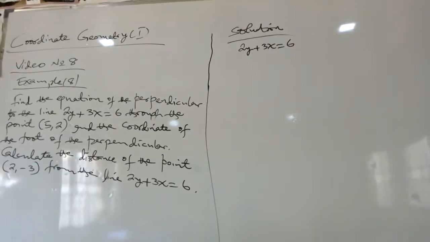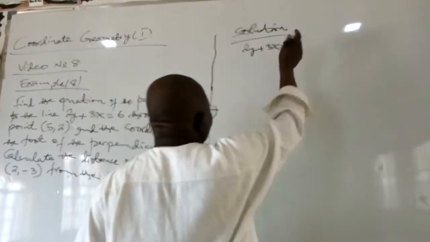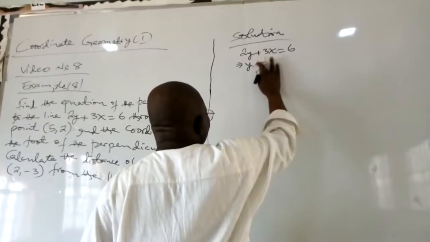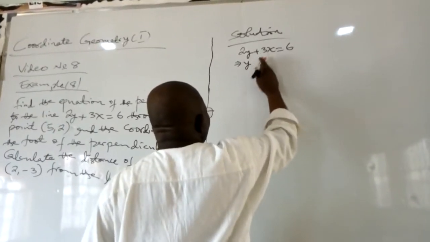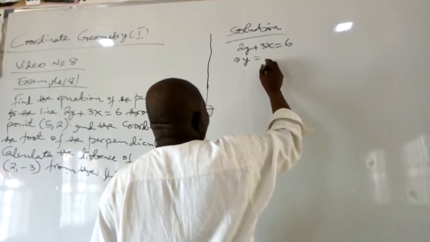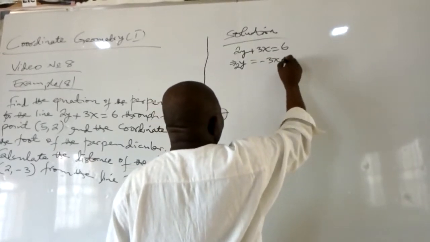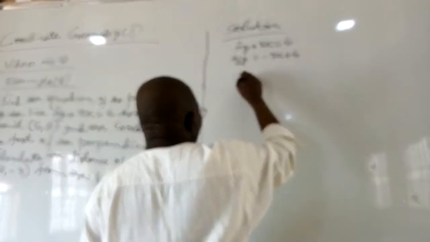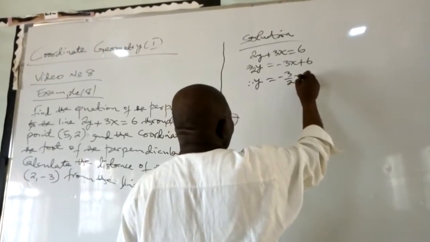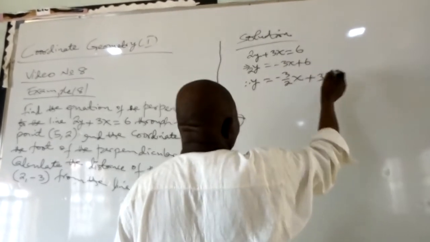If I make y the subject, it's just to know the shape of the line. So 2y is equal to minus 3x plus 6, so y is equal to minus 3 over 2 x plus 3. 6 by 2 is 3.